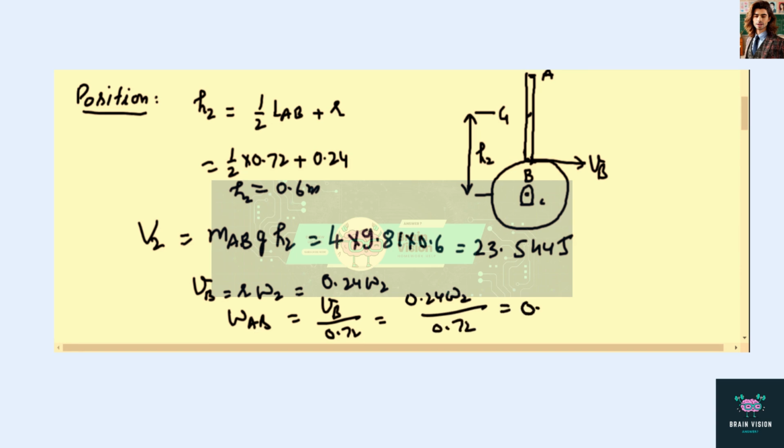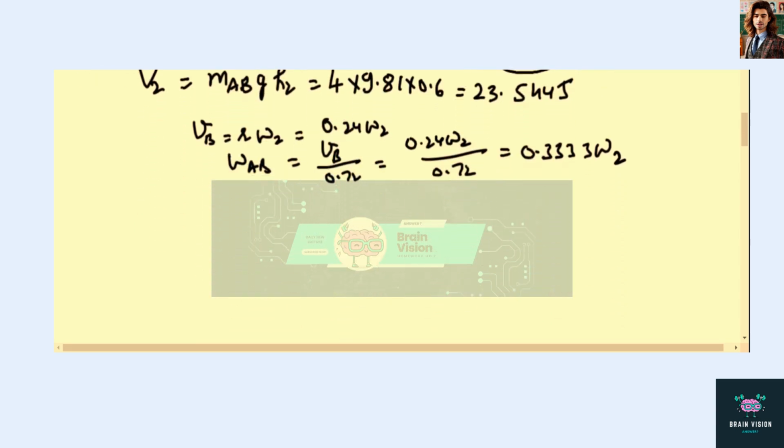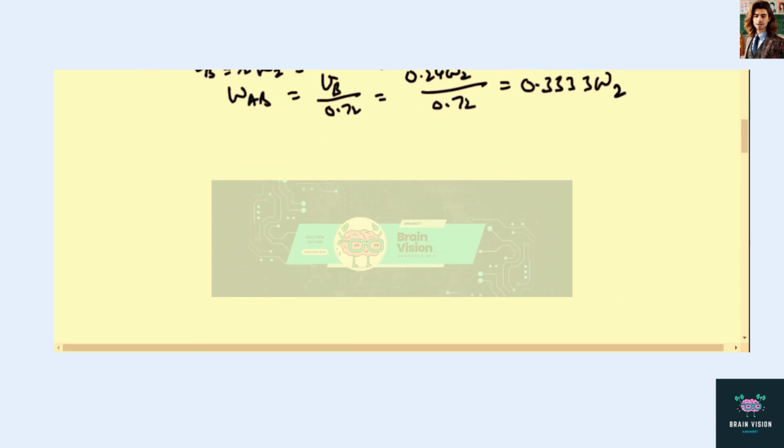So it would be 0.333 omega 2. Now velocity of centroid of the rod is velocity of B by 2, that is 0.12 omega 2.